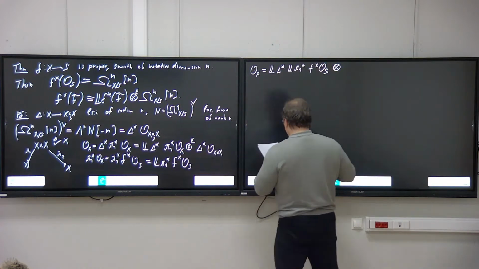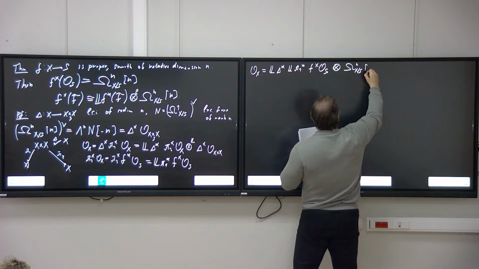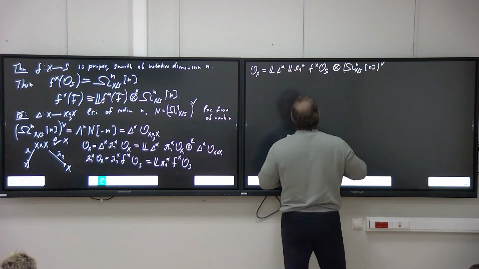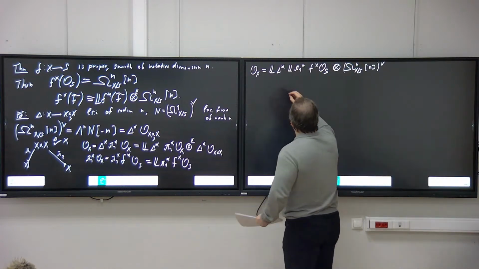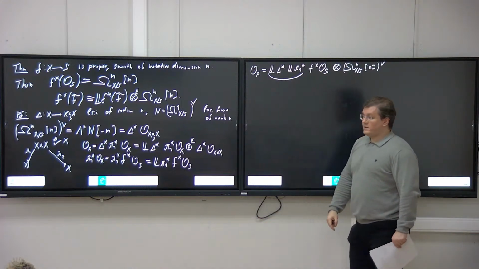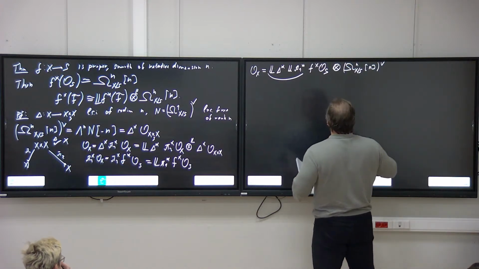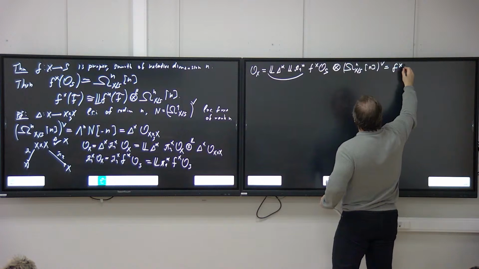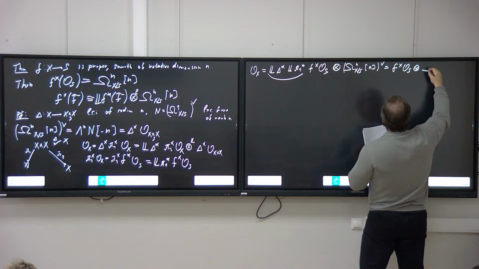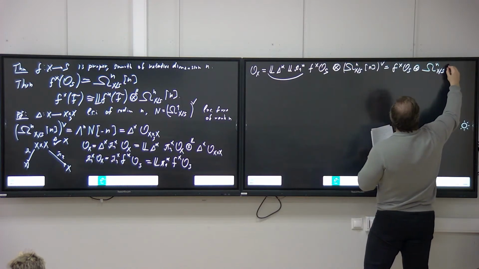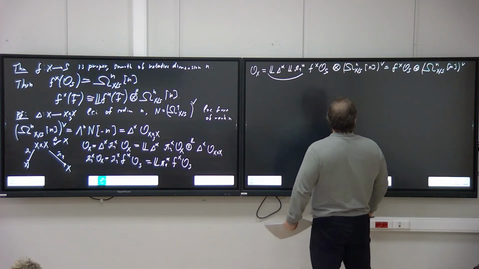I can compute this, as I know, as omega_{X/S}^n shifted by n, and then take the dual. Finally, notice that if I take the pullback along pi 1 and then the pullback along delta, I still get the identity, so this doesn't do anything. So really this is just f cross of O_S, then the product with omega^n_{X/S}, and that's the result.